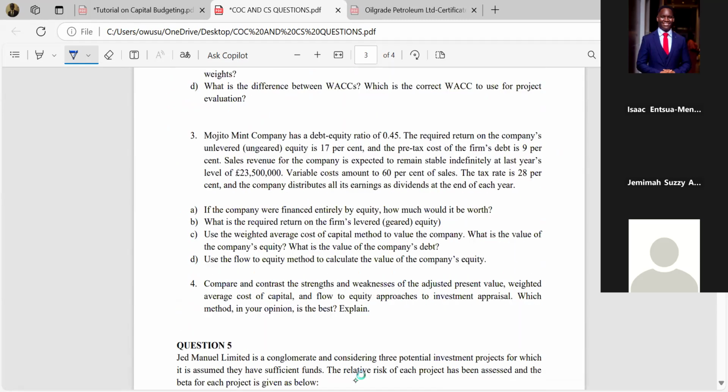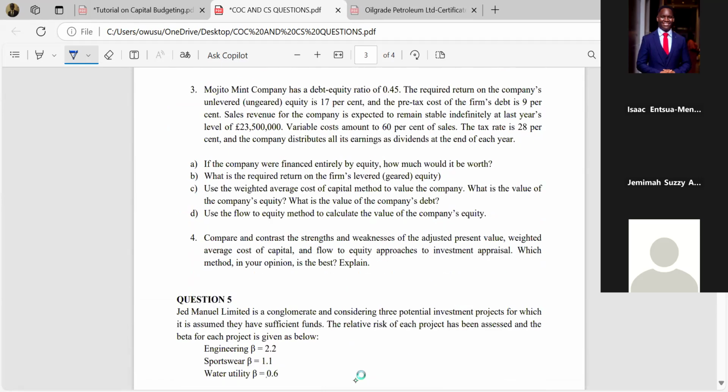Okay. So if you look at question 3, Mojito Limited, this question is a perfect example of Modigliani. If you look at part B, it says, what is the required return on the firm's levered or geared equity? Now, if you look at this question, there's no beta anywhere, there's no risk-free anywhere.